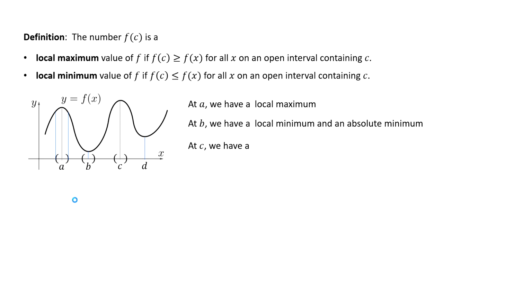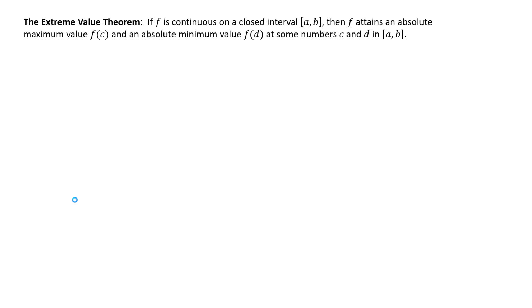At c, we have a local maximum and an absolute maximum. At d, this is the whole idea. So the main point is this concept called neighborhood. There's an open interval surrounding the point, this is the idea. Cool? Okay, let's move on.